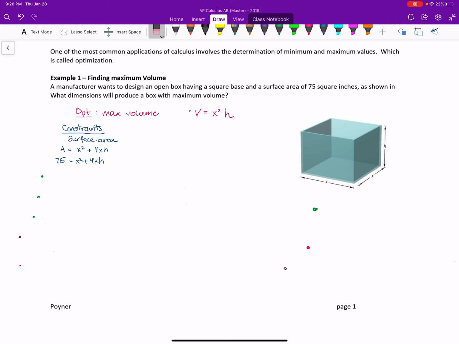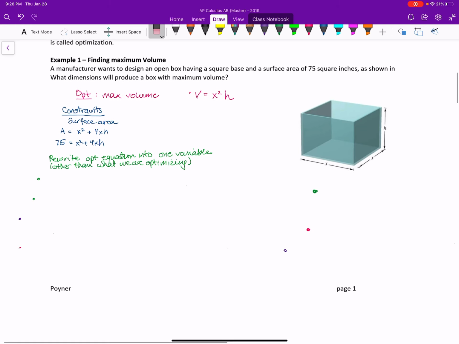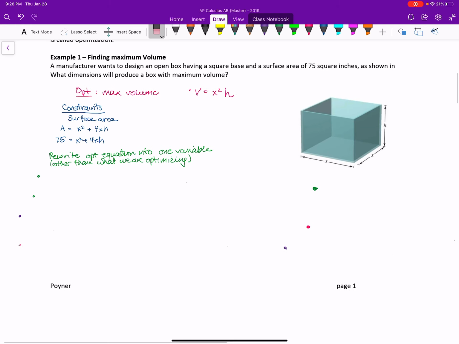So now my next job is to write an optimization function, but we want to do it in just one variable. So that's where the constraint comes in. We're going to rewrite the optimization equation in one variable other than what we're optimizing. So the volume is going to be there. But that means I'm going to solve the constraint, in this case the surface area, for one of the variables.